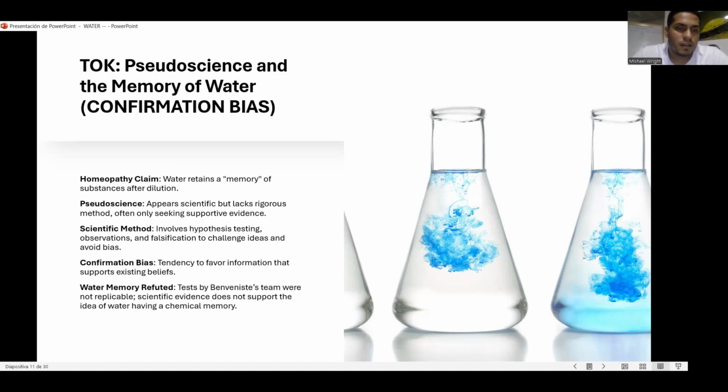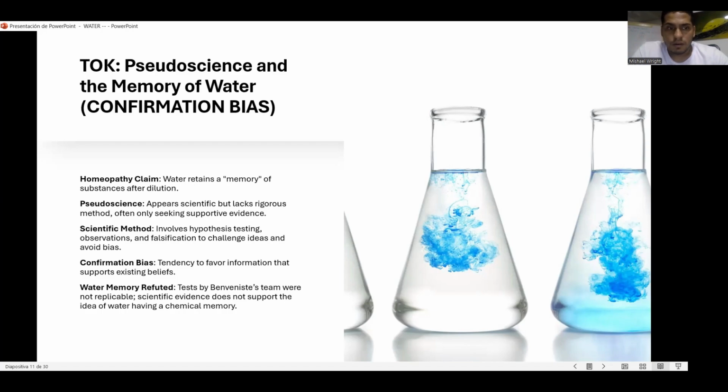Okay, and finally, the water memory refuted. The tests taken by Benveniste's team were not replicable, because another group from the Nature community, an older scientific community, which has a magazine of the same name, tested Benveniste's experiment.